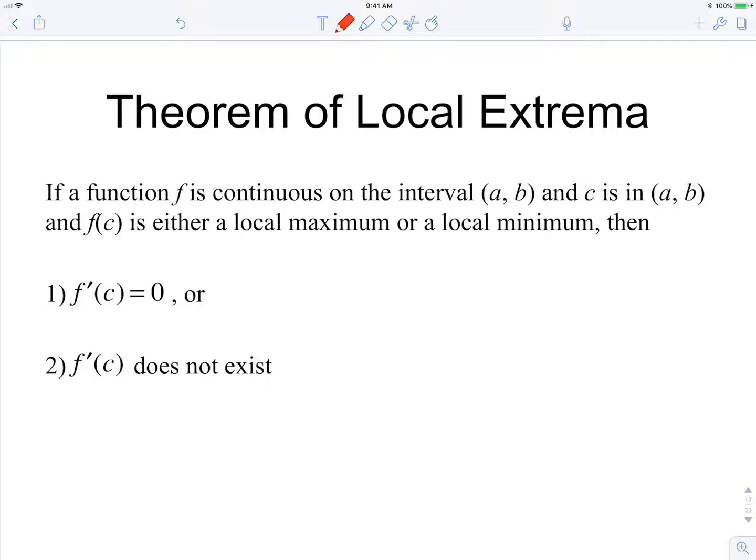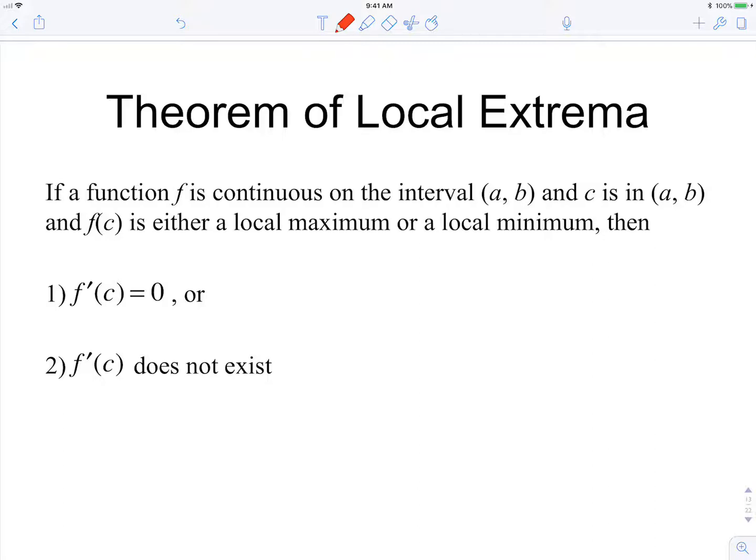Here's our theorem of local extrema. So if function f is continuous on an interval from a to b and c is on that interval, and f of c is either a local maximum or a local minimum, then that means that the derivative evaluated at c is either equal to 0 or the derivative does not exist, okay?